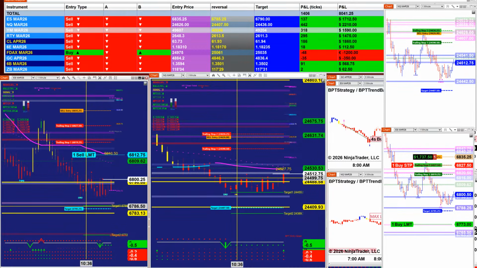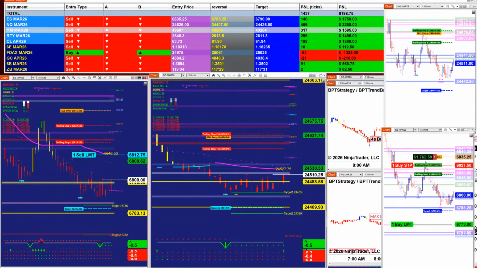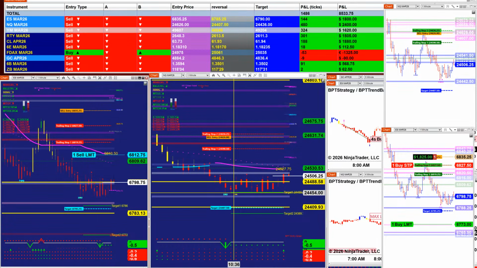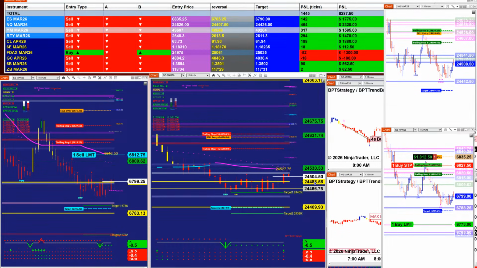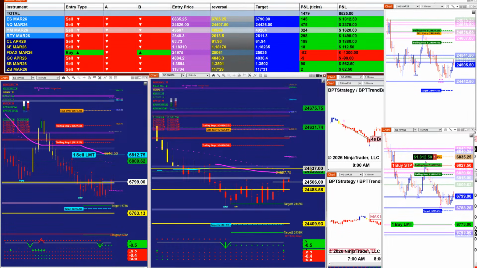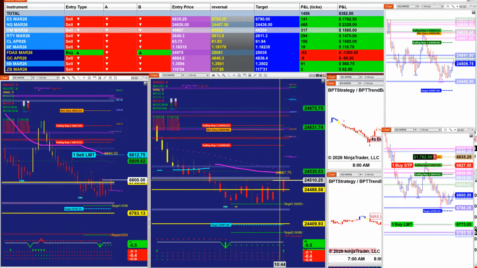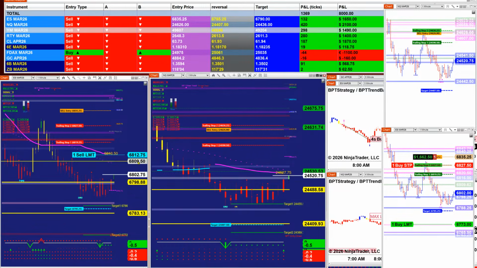The ES didn't hit the institutional target, but the Nasdaq hit the institutional target, profit taking, making the bars go in the opposite direction from the profit taken. But we are a long way from long trades.